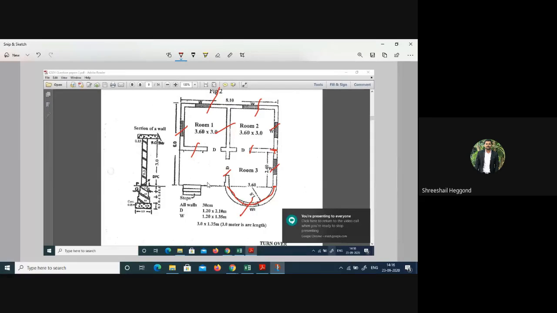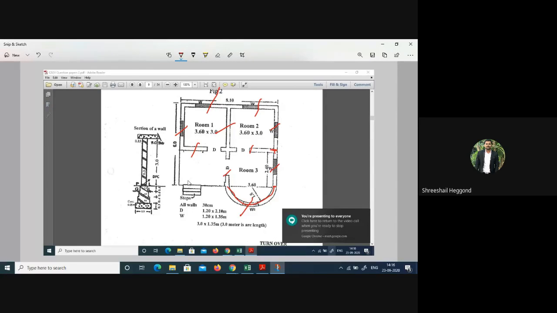Next is the veranda given outside all three rooms. A single line is given, which indicates that up to the plinth your foundation exists, and after the plinth level the filling is done and flooring is given for the veranda outside, where the slab is not there.